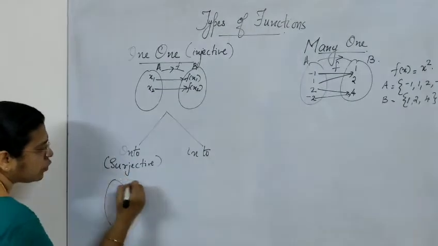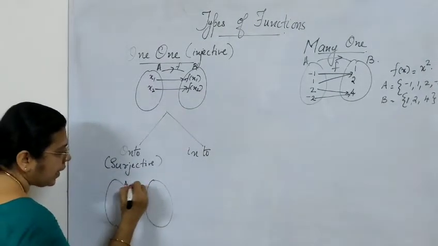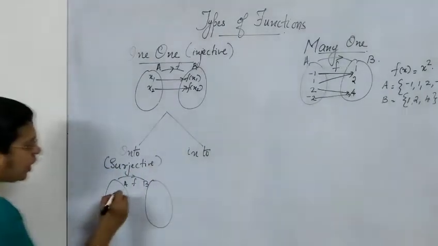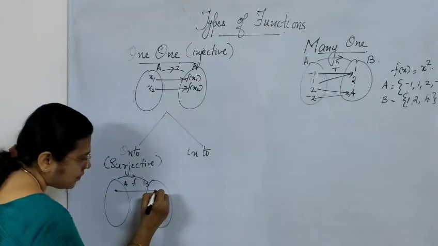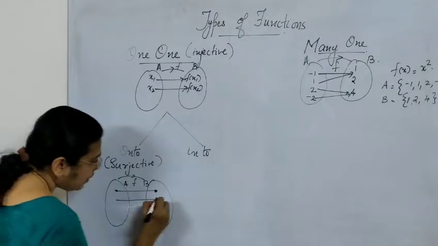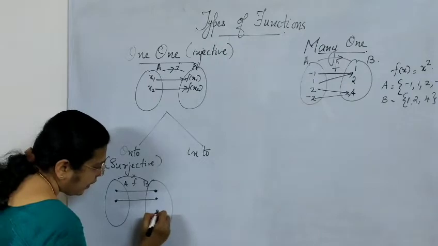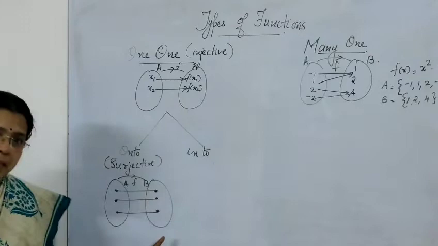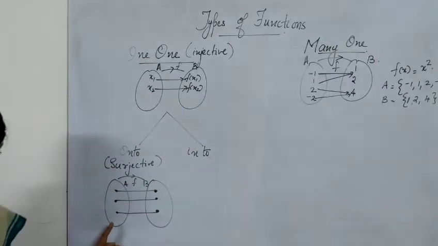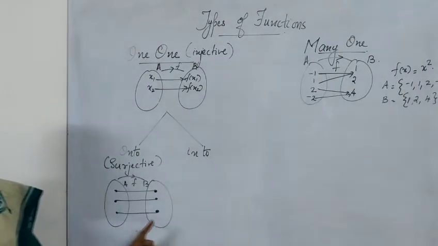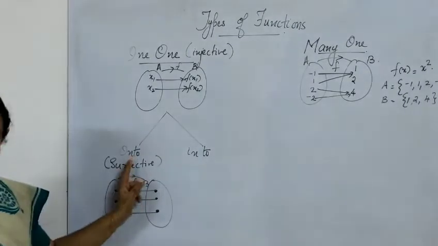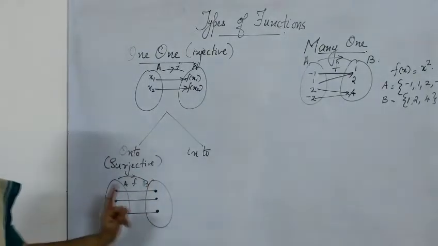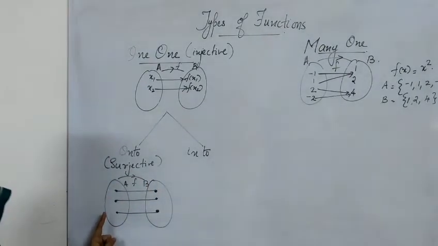Here I have two sets A and B, and f is a function from A to B. Every element of B has a pre-image in A. I repeat, every element in B has a pre-image in A. If so, this function is said to be onto.